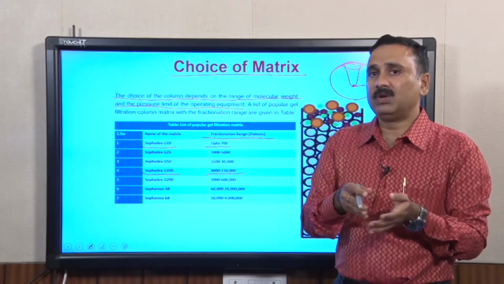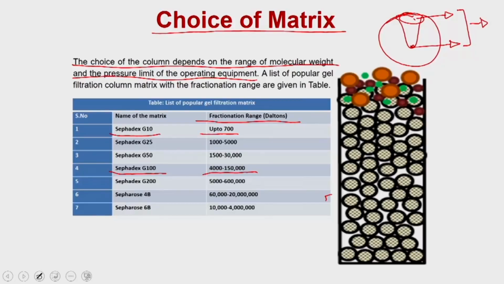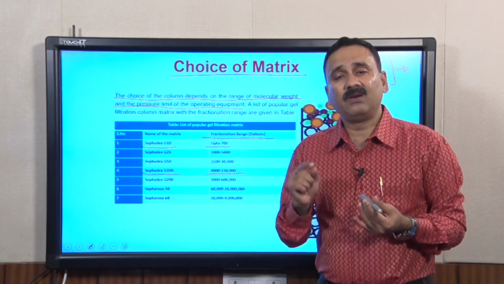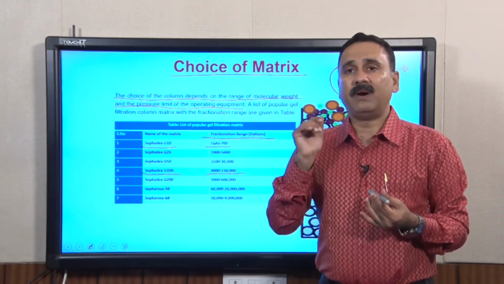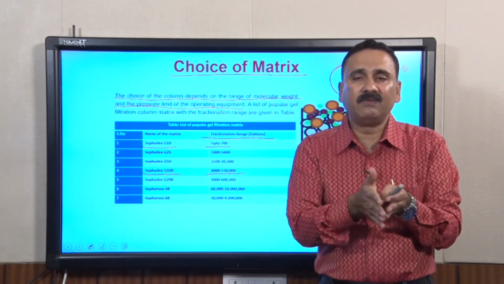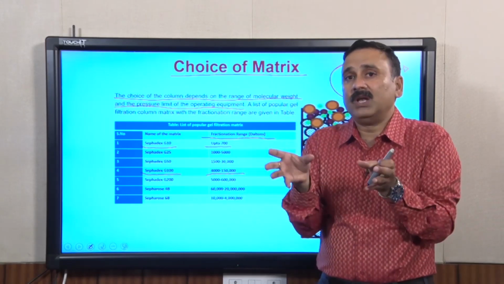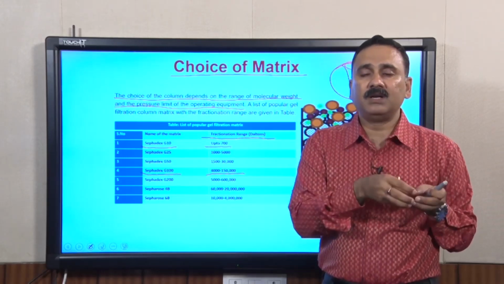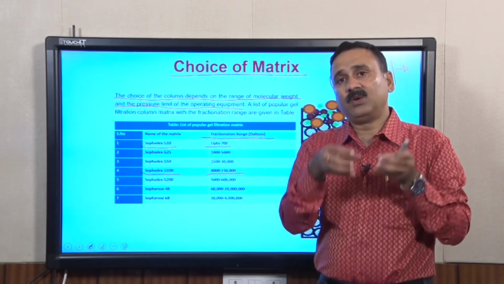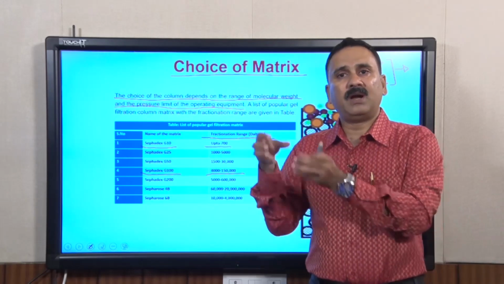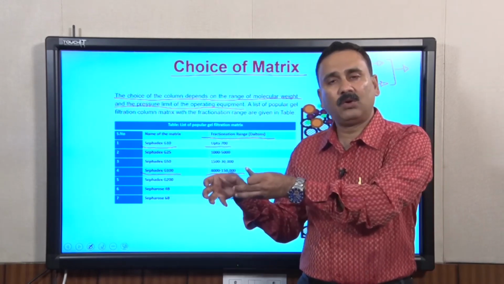But if you take molecules which are larger than this, for example a molecule of 180 kilodalton, that does not mean that the 180 kilodalton will not be resolved. But if you look at the separation between 150 versus 180, these two molecules will come together, compared to if you are resolving 120 and 150. The difference between 120 and 150 is also 30 kilodalton, and the difference between 150 and 180 is also 30 kilodalton.